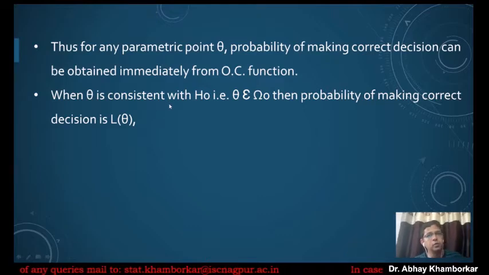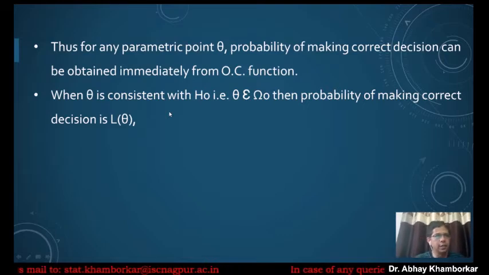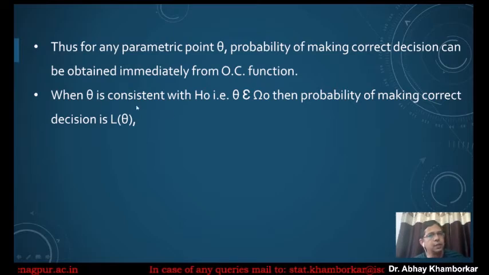And L theta, you know, that is nothing but probability of accepting the hypothesis h naught. L theta का मतलब है probability of accepting the hypothesis h naught. 1 minus L theta का मतलब है probability of rejecting the hypothesis h naught. Now when I am saying that theta is consistent with h naught, उसका मतलब ही होता है theta belongs to omega naught, इसी का मतलब हो गया h naught is true.